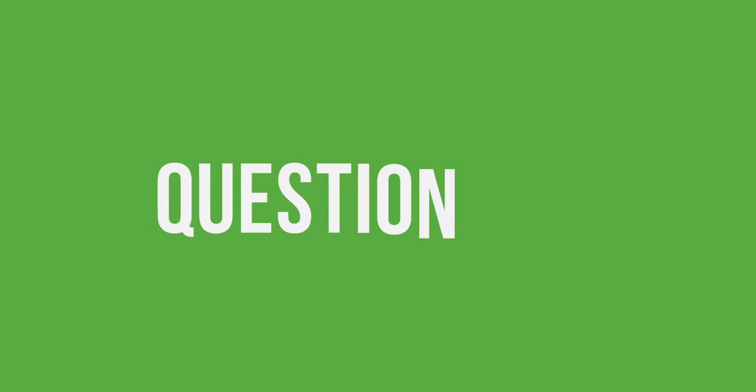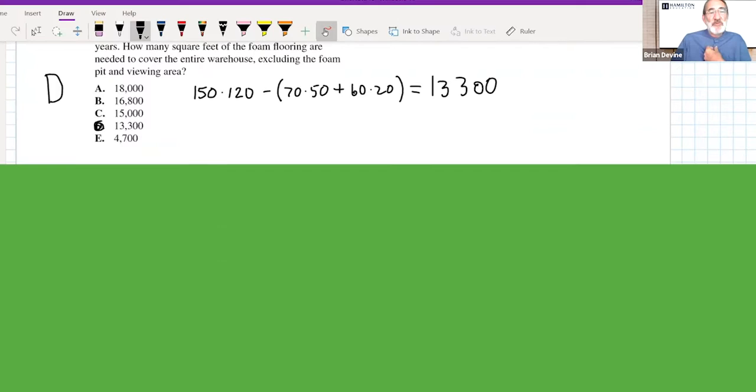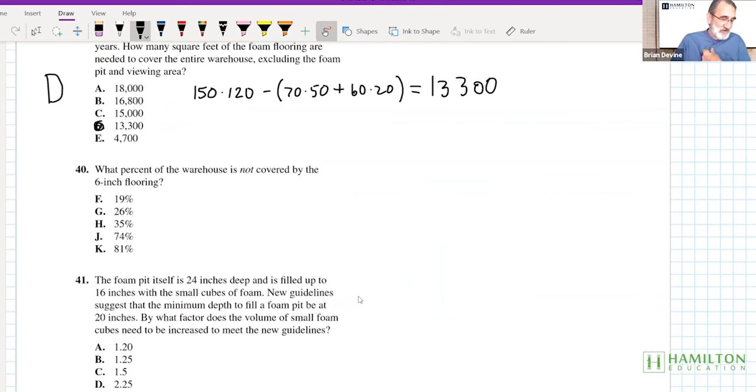Number 40. What percent of the warehouse is not covered by the 6-inch foam flooring? Well, we already figured out that it would be this area here, which is 3,500 plus 1,200, which is 4,700.